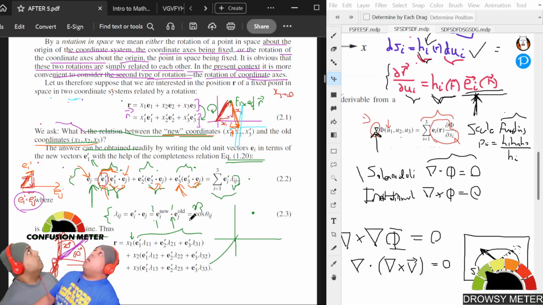Okay, now let me actually look at these indices here. So lambda ij is what? Lambda ij is the new guy dot the old guy, EI prime dot EJ.